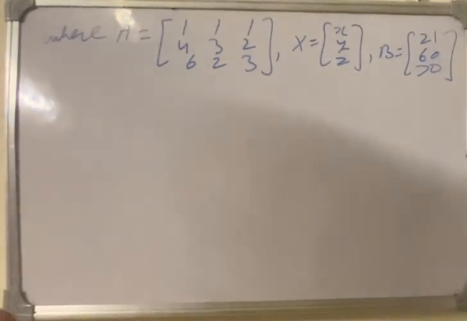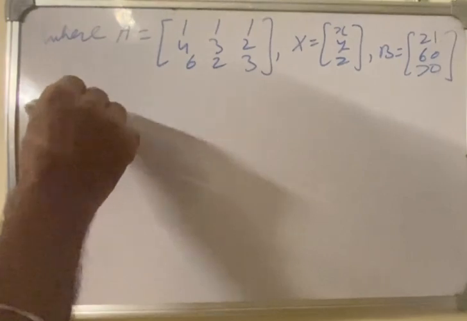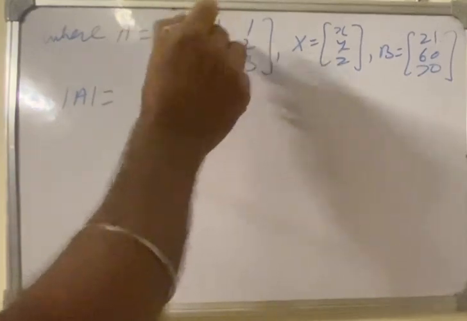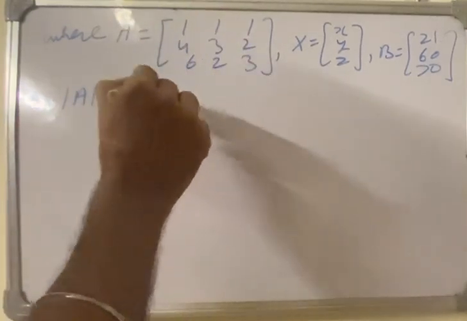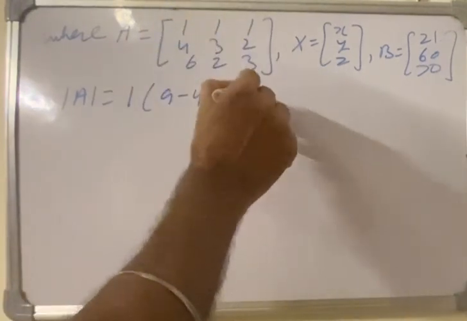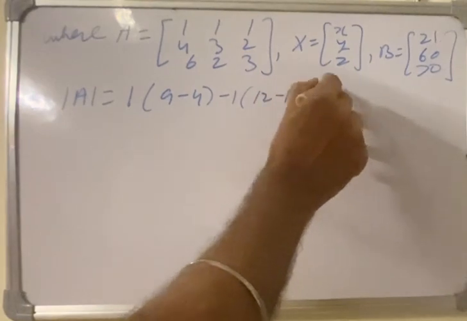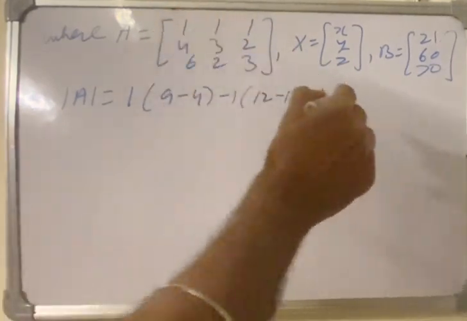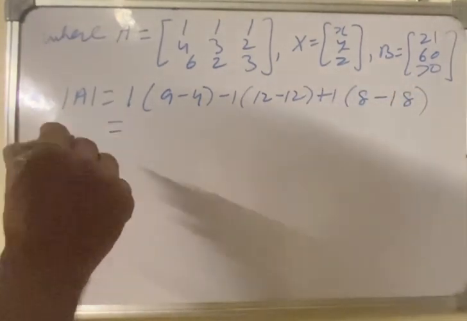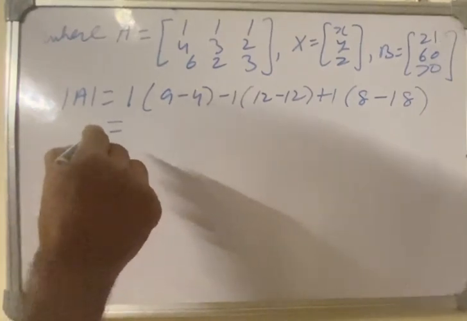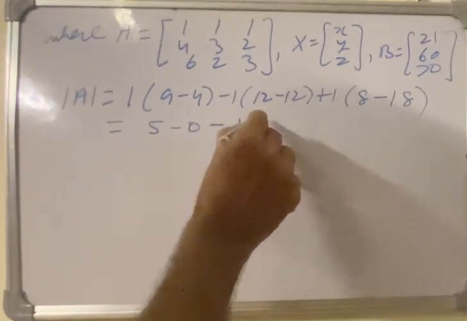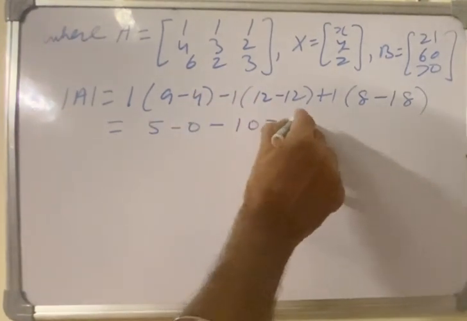Now we find determinant A expanded by first row: 1 into (9 minus 4) minus 1 into (12 minus 12) plus 1 into (8 minus 18), which will give you 5 minus 0 minus 10. This will give you minus 5.